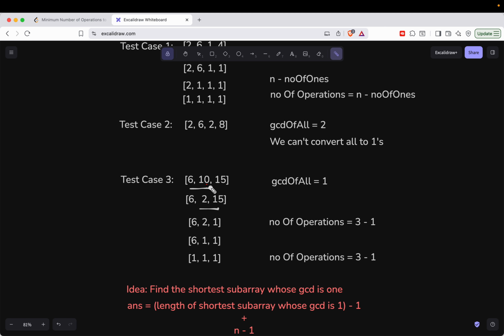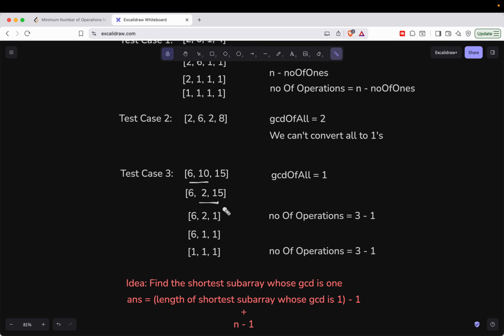The length of this subarray is 3. So the number of operations required to convert from here to here is the length of the subarray minus 1. The length of the subarray is 3, and 3 minus 1 is 2. These are the two operations which I have done.